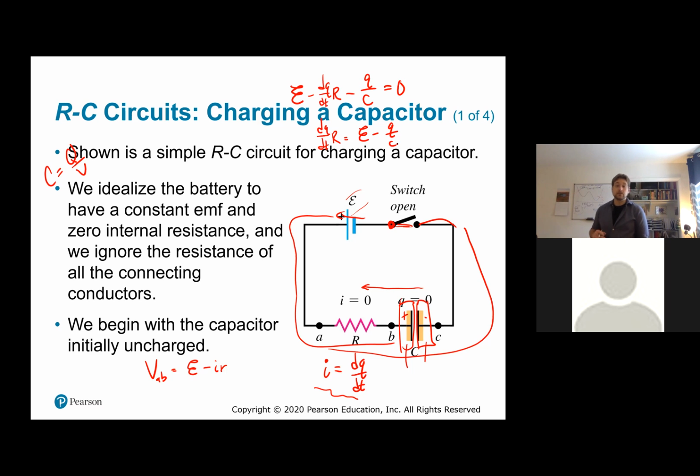The EMF, though, is the total potential difference that will exist across the capacitor when it is fully charged. I'll use capital Q for the full charge.